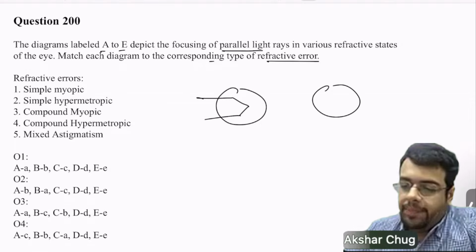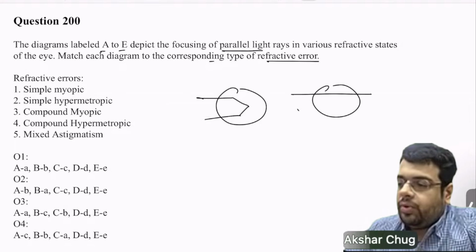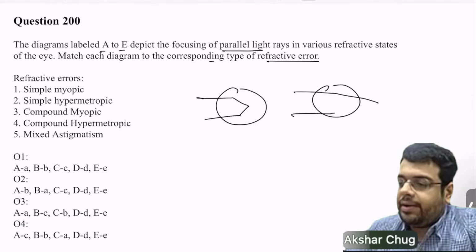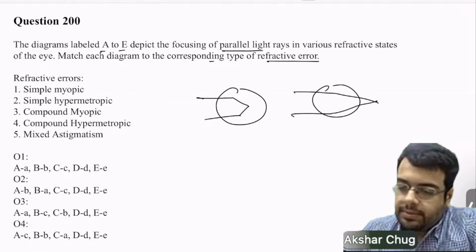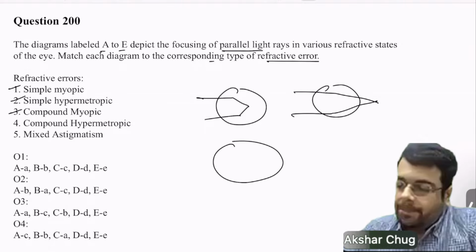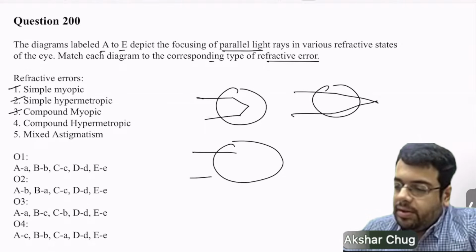What would happen in simple hypermetropia is that it would converge behind the retina. In compound myopia, all the rays would converge in front of the retina.